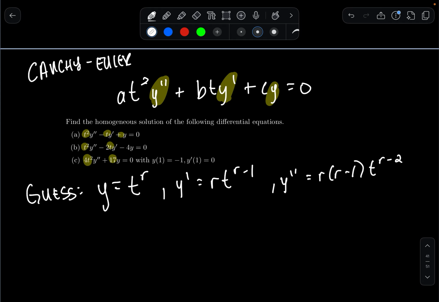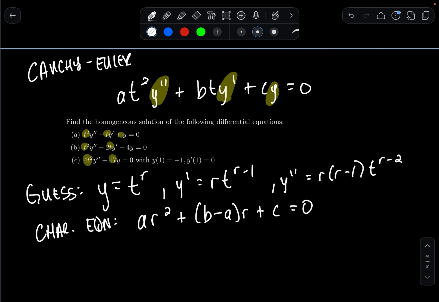You can factor it out and cancel, and you are left with what is called the characteristic equation, which looks very similar to the auxiliary equation. It is ar squared plus b minus a r plus c equals 0.